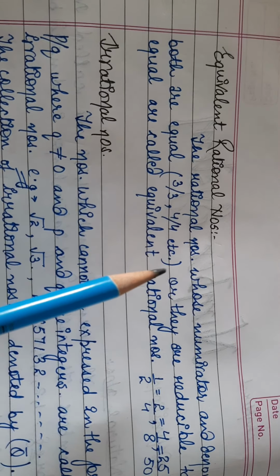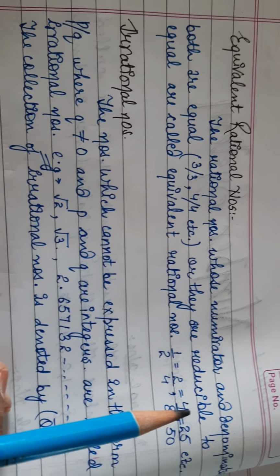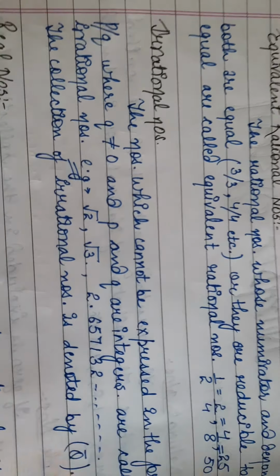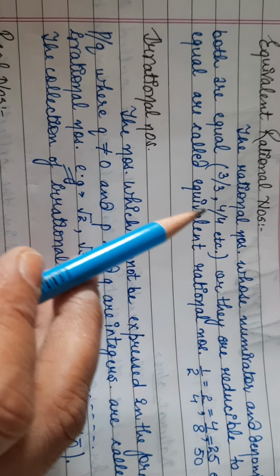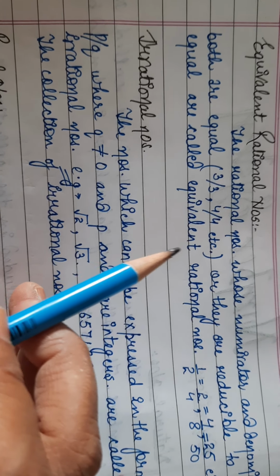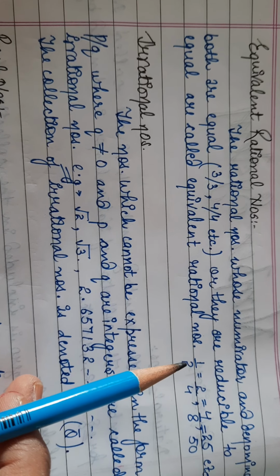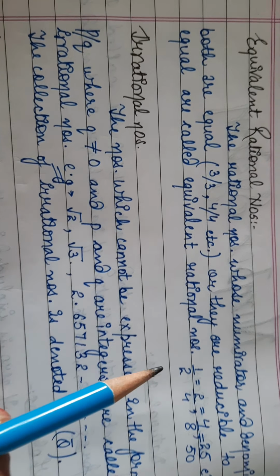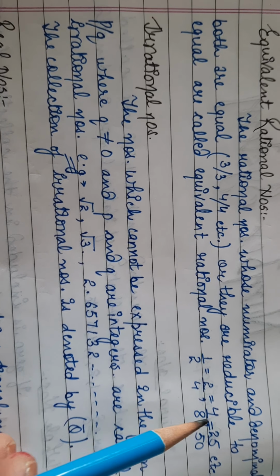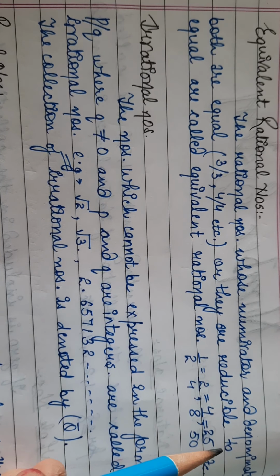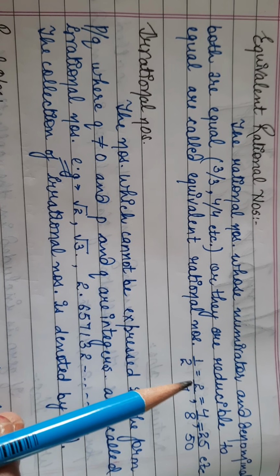These are rational numbers whose numerator and denominator both are equal, like 3 by 3, 4 by 4, 1 by 1, 2 by 2, 8 by 8, or they are reducible to equal. For example, if I write the rational number 1 by 2, or 2 by 4, or 4 by 8, or 25 by 50, all of these are reducible to 1 by 2.